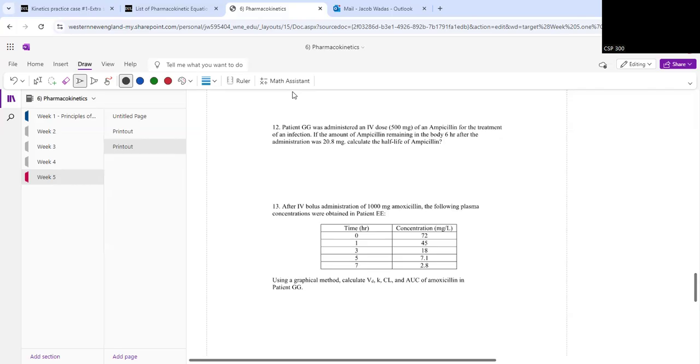Anyone have an answer? We have to solve K first, and with K we can find the half-life.